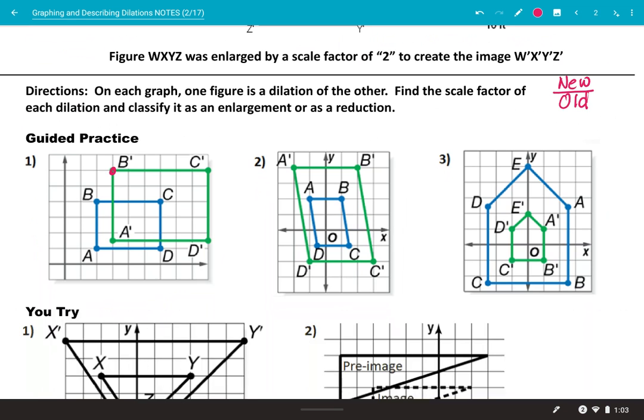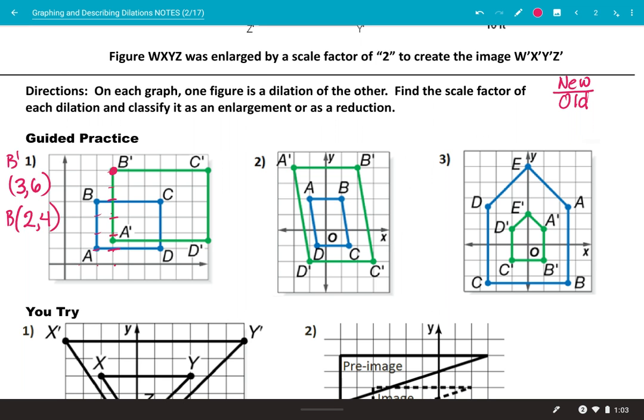Here is our new B prime, at 6 over, and our original B is 2, 4.